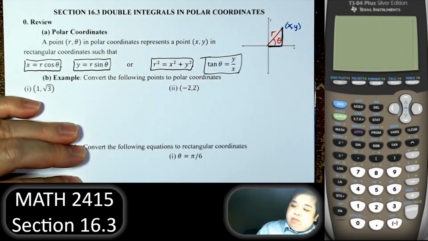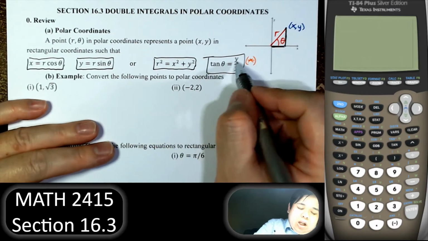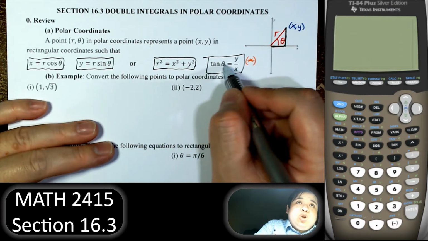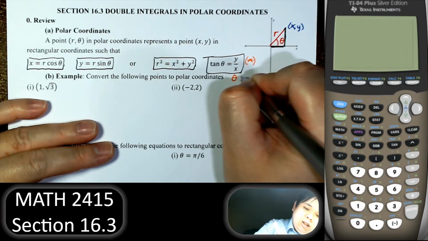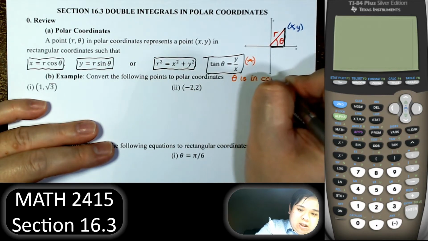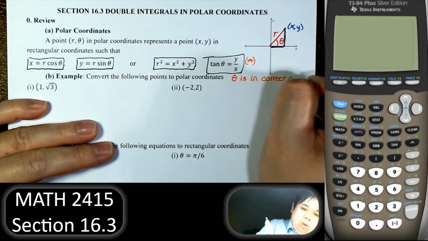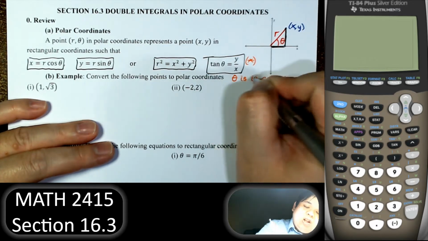Just one more thing though. When we use this formula to find theta, make sure theta is in the correct quadrant. Yeah, we need to check that.